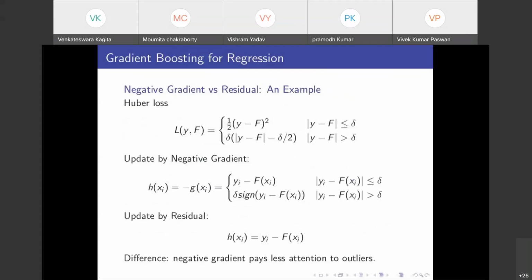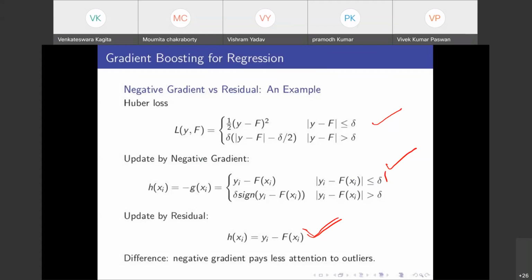For example, consider the negative gradient versus residual in the case of Huber loss. So this is the Huber loss. If you update based on the negative gradient, this is the result. And if you update based on the residual, it is yi minus f of xi.